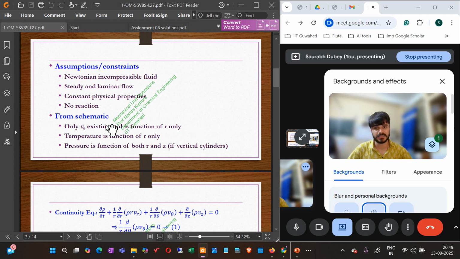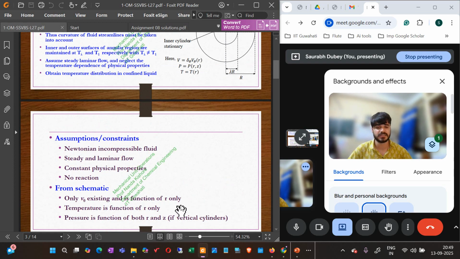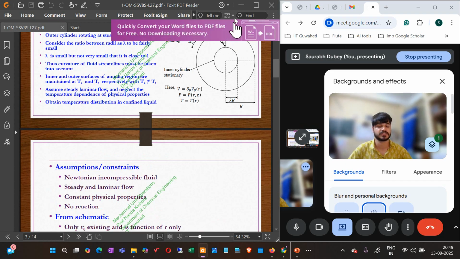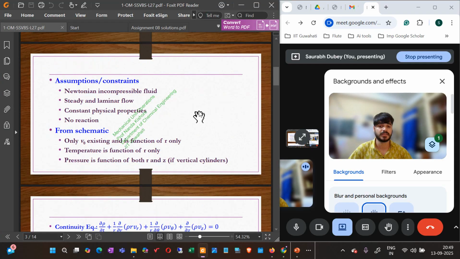From the schematic, only V theta exists and it is a function of R. Now it is not linear, so we have to see how you will manage it. Temperature is a function of R only. Pressure is a function of both R and Z, and temperature is a function of R only, right?